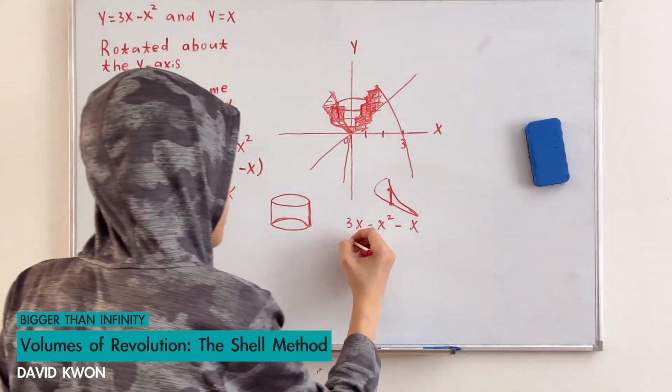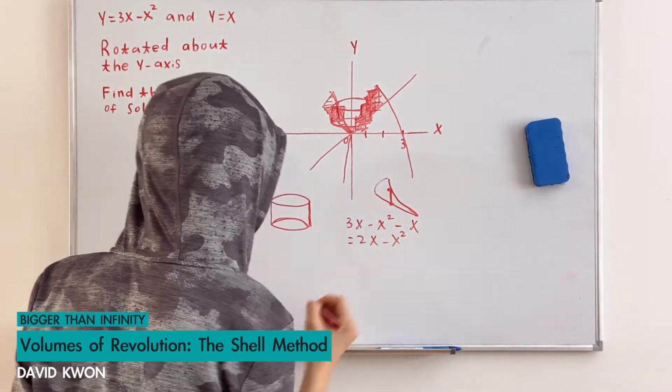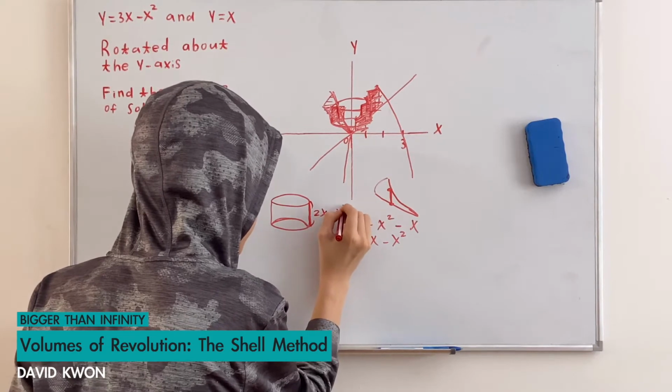Simplifying this further, we have 2x minus x squared. So this side is equal to 2x minus x squared.